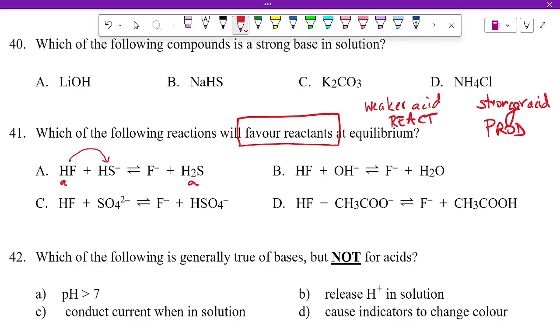This one's easy because those are the only ones with H. So we want something where the stronger acid is in the products. Now we need to look things up. I know for a fact that H2S is one of the weakest acids. So this one's weaker, so I'm not even going to look it up. You can go look it up. This one's stronger. So it's not A.